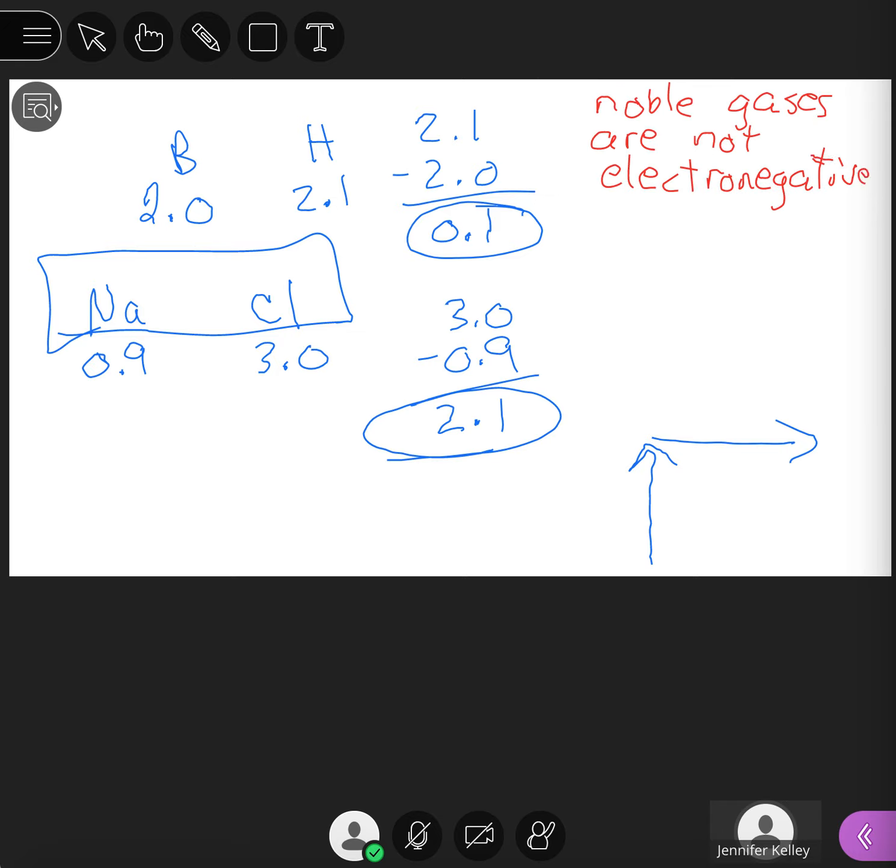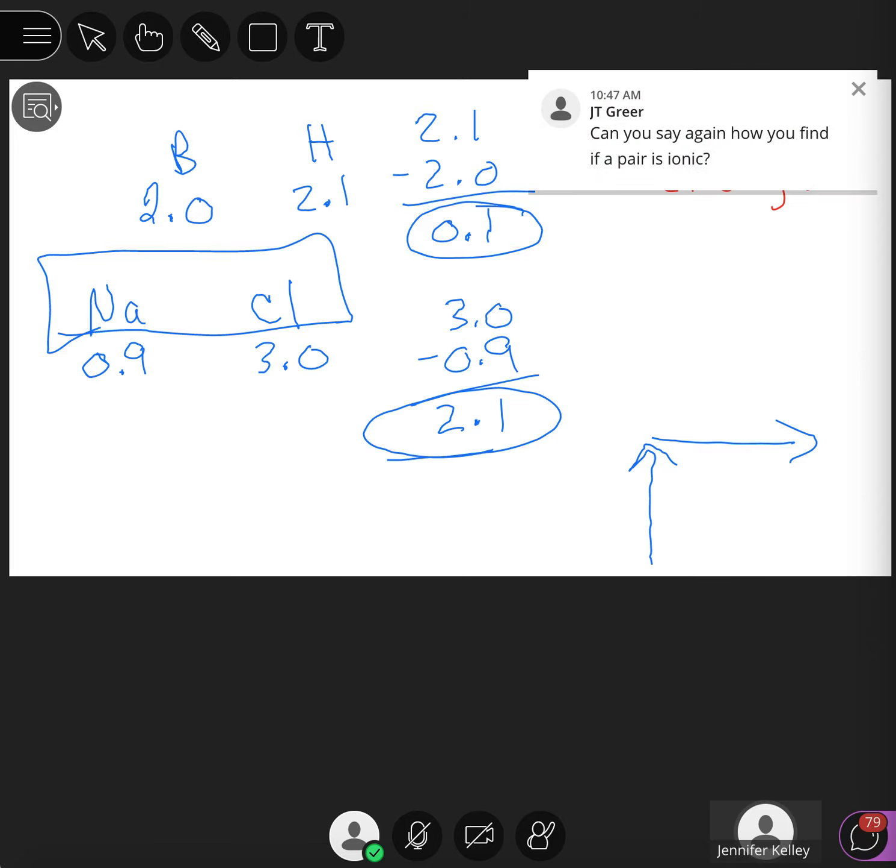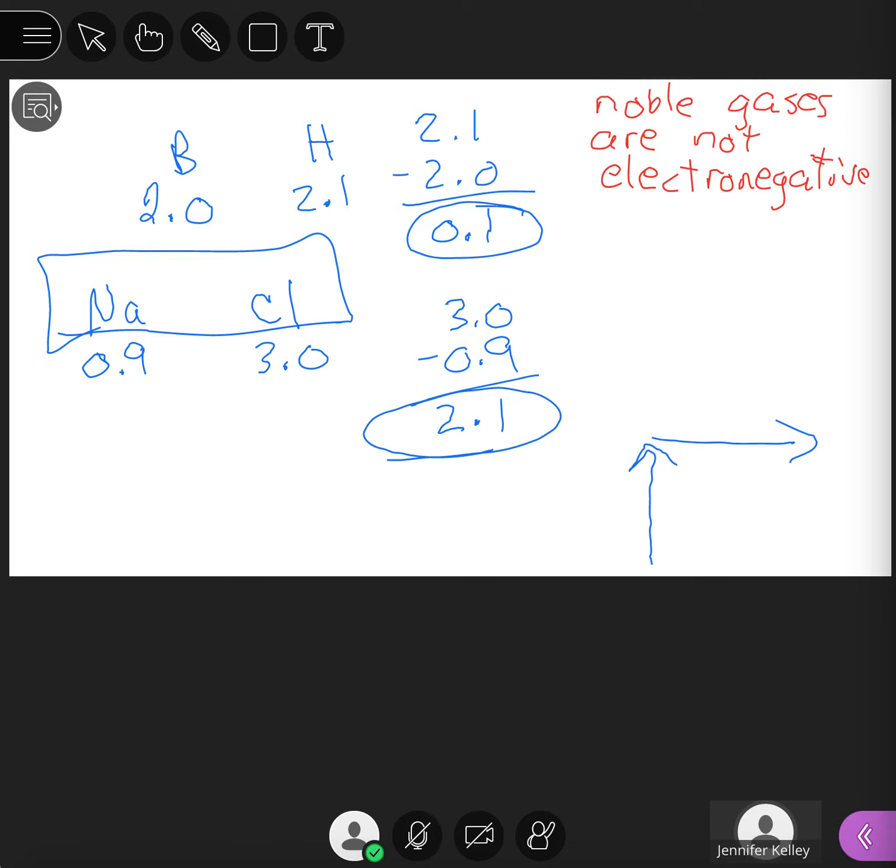The reason they're not electronegative is because they're not going to pull electrons. Okay, yeah, that makes sense. They're not going to pull electrons toward them from some other atom because they've already got a full shell of electrons. And having a full shell of electrons, they're not interested in somebody else's electrons.